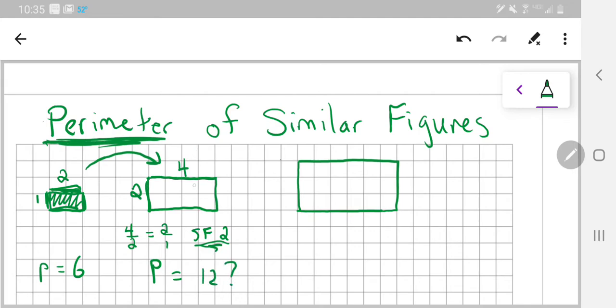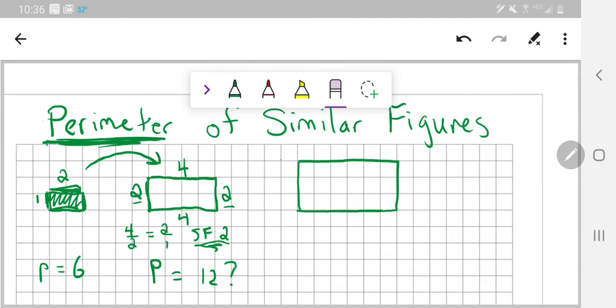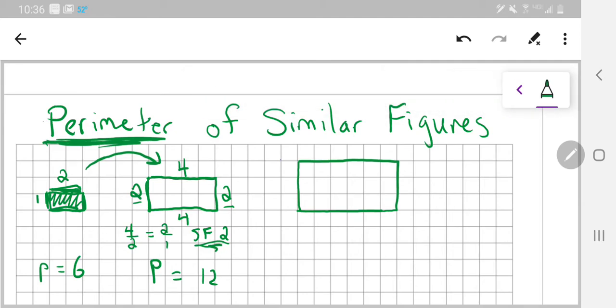Let's check it out. So we have 4 down here, 2 over here. That's 2, 4 plus the 8. That is 12. All right, so we see that that's going to be 12 units. So right now it looks like the perimeter is just affected by that same scale factor that all the side lengths were affected by, which, if you think about it, makes sense, right?